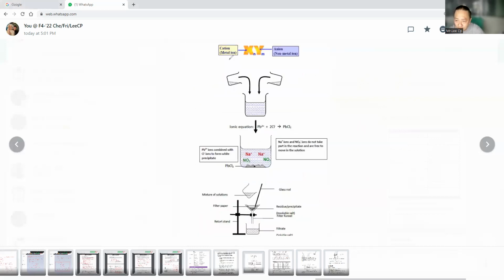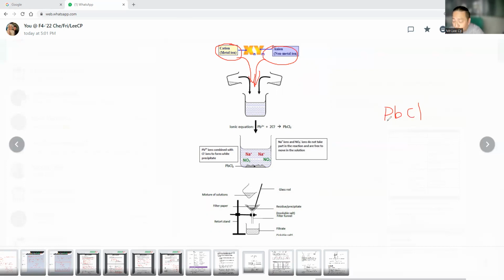So, for example, we have one cation and one anion, not iron only. So we have a solution. This solution contains the cation, and this solution also contains the anion, and then you mix them. For example, I want to make PbCl.